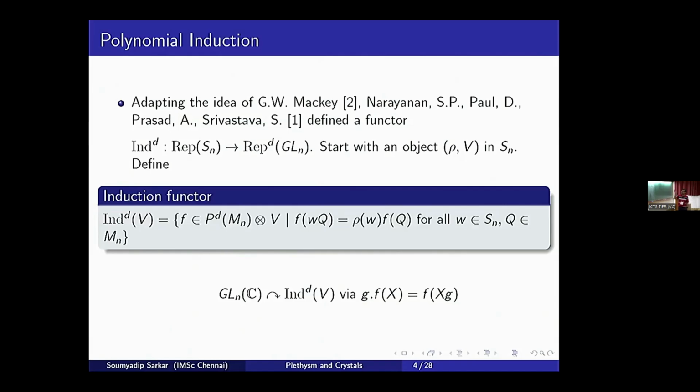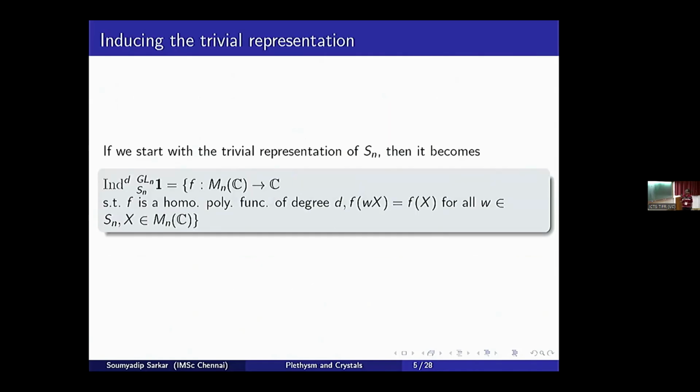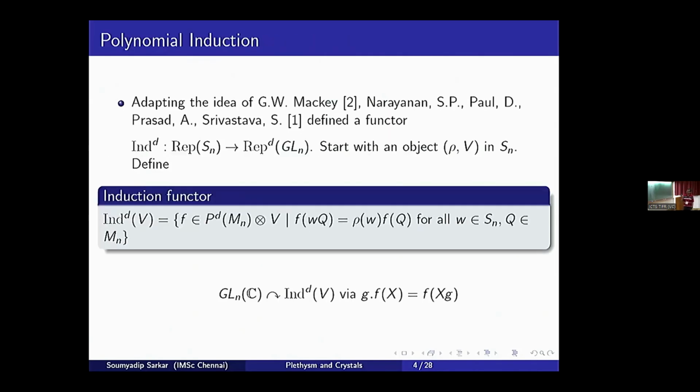Remember, rho is the given representation of S_n. Now GL_n(C) acts on this Ind_d V via right translation: (g.f)(x) equals f(xg). So this Ind_d V is in fact a GL_n module.